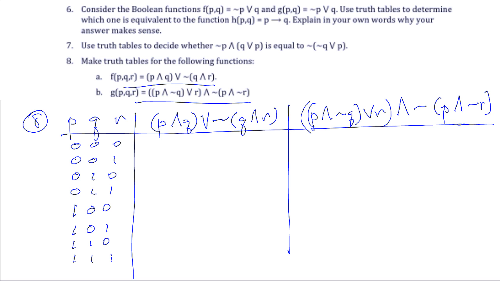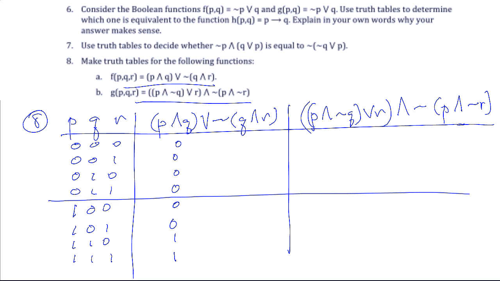P and Q is only true when they're both true, which is the last 2 rows. Sometimes I like to give myself the midpoint of this table. Q and R is only true when they're both true, and that happens on rows 4 and 8. So I make them ones.